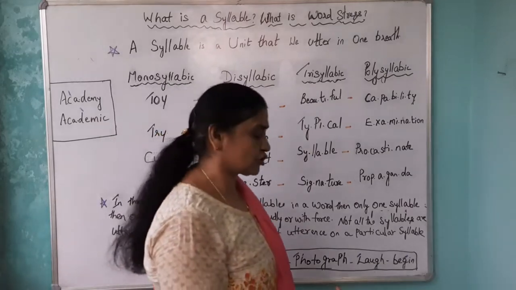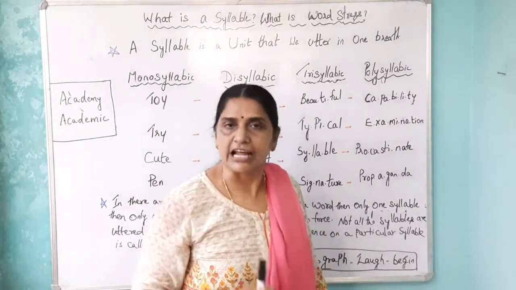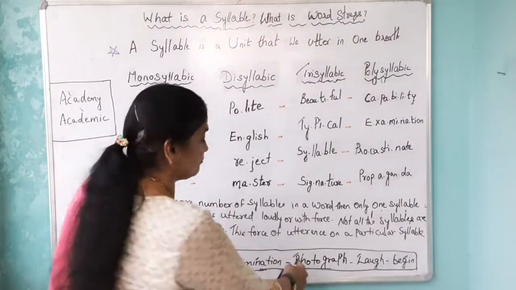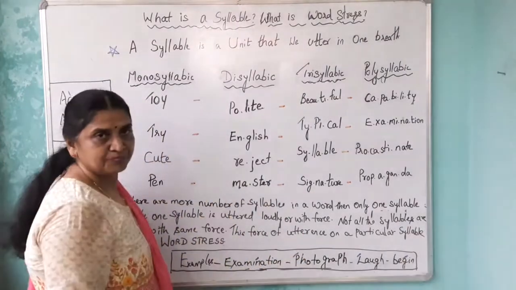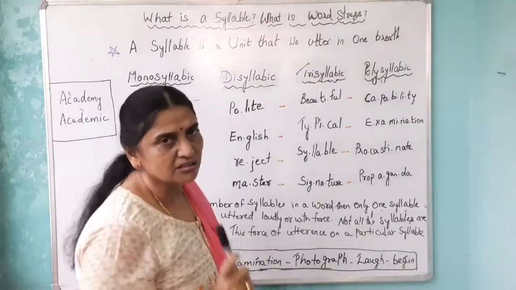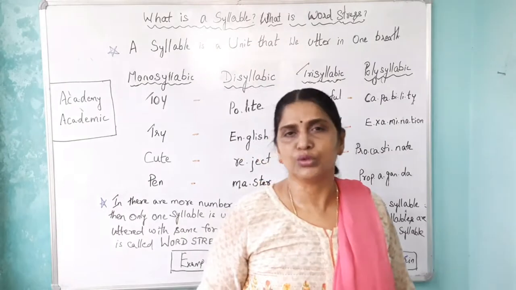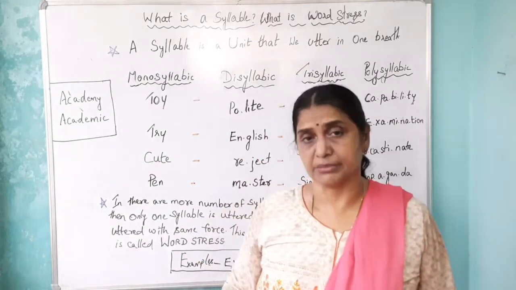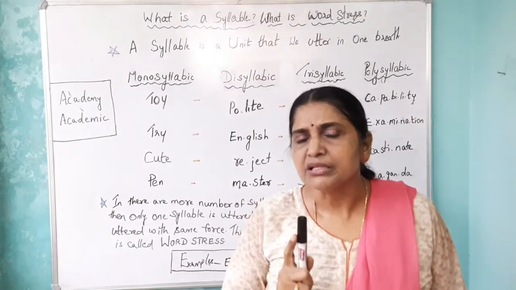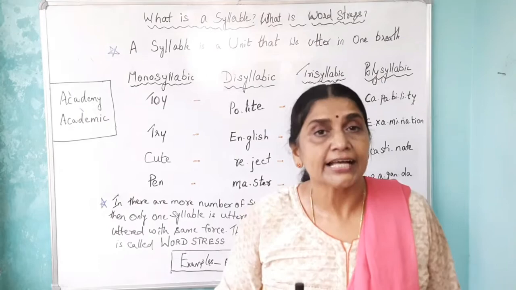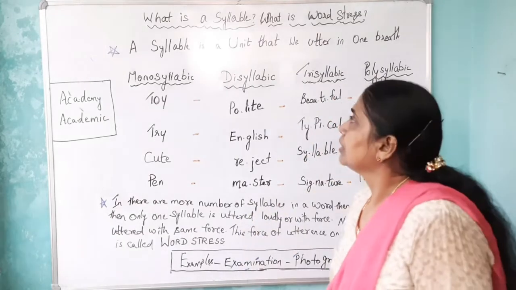Now the first syllable, we'll say photograph. So the first syllable is stressed. So this is all about the stress. So word stress is nothing but in a particular word, if it contains more than one syllable, any one syllable is uttered loudly, and that we call word stress.